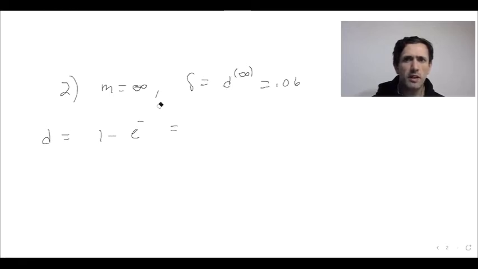Well, delta is just 0.06, so this is going to be 0.05824.